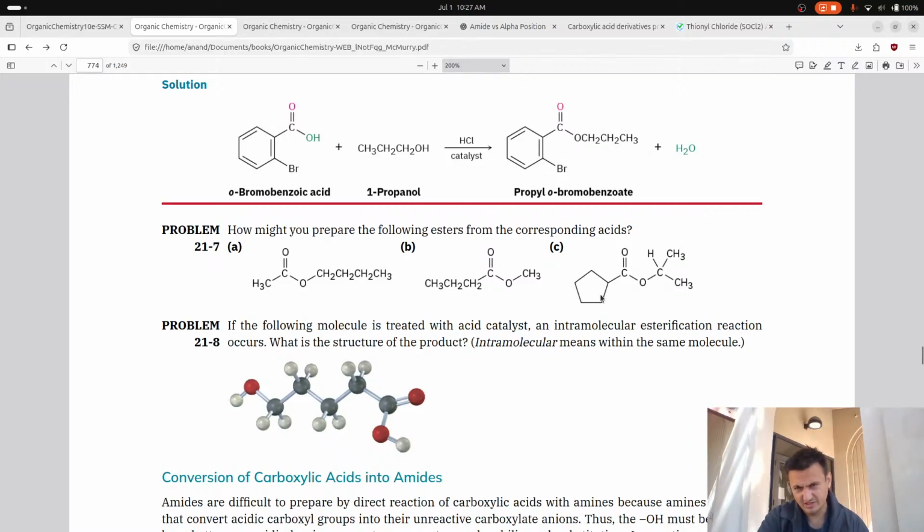Here we'd start with, it's got a weird name. It's going to be cyclopentanecarboxylic acid and isobutanol, or no, wait, isopropanol. Or wait, I think you just call it 2-propanol. So it's going to be cyclopentanecarboxylic acid, then 2-propanol, and then acid.